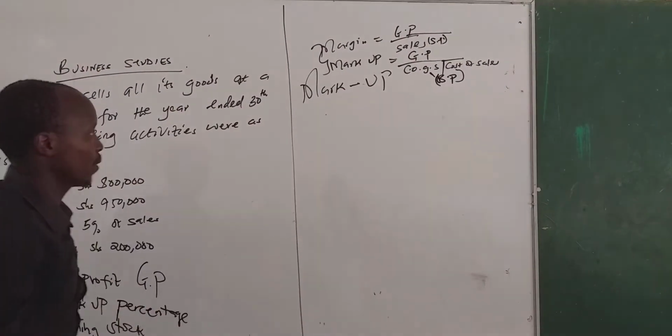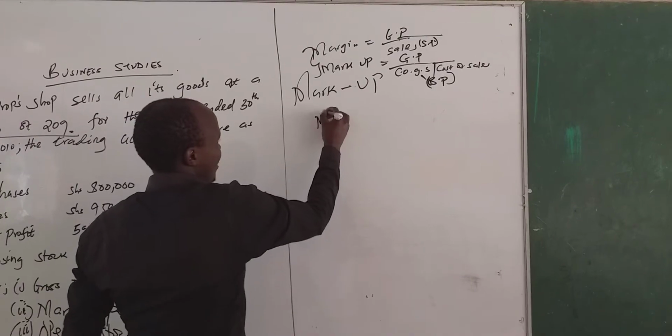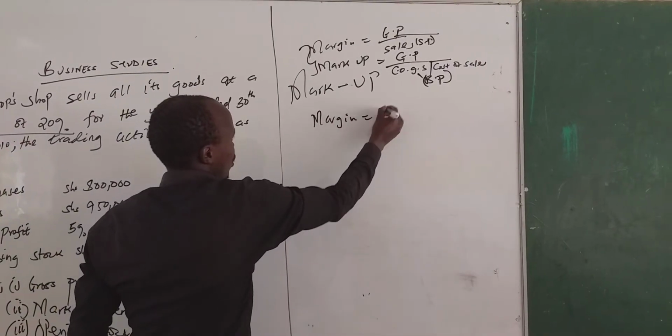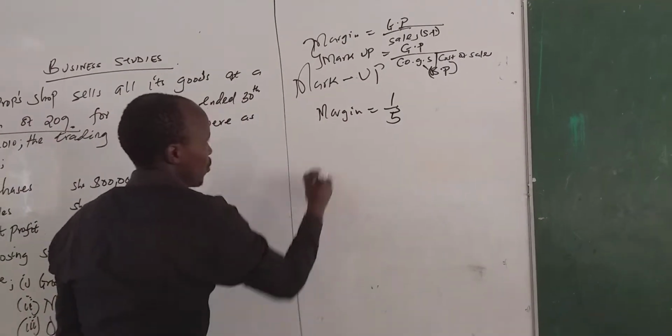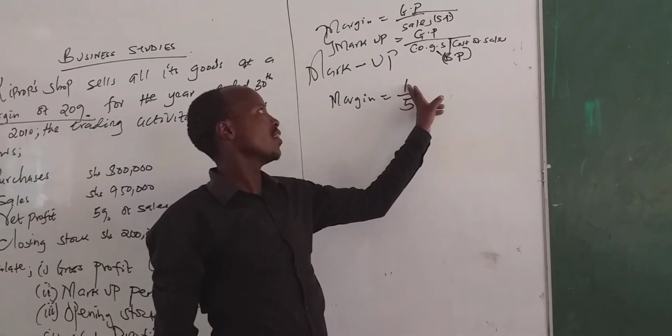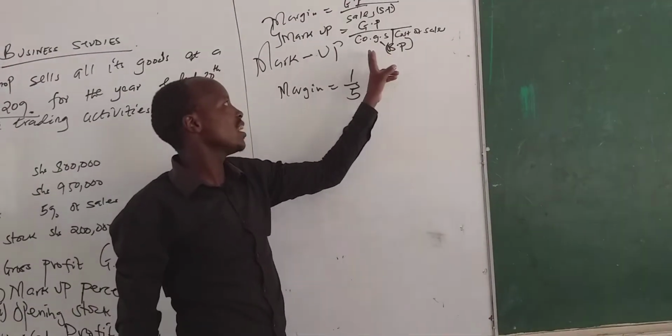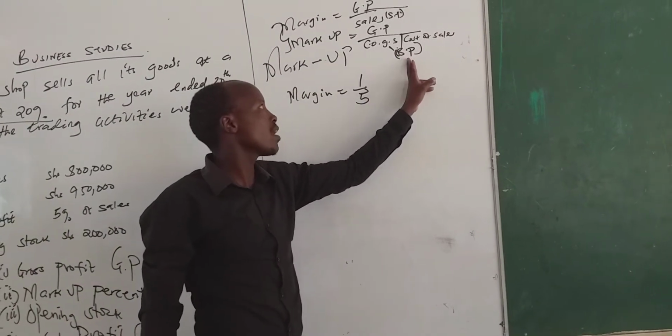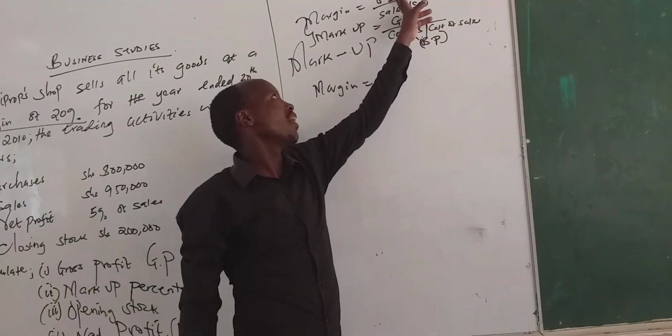To go to our question, here we know our margin is 1 over 5. So to relate, you realize that the gross profit is 1, and the sales is normally given by cost of goods sold or the buying price plus gross profit.